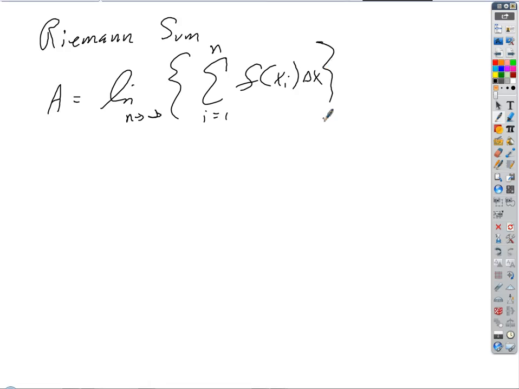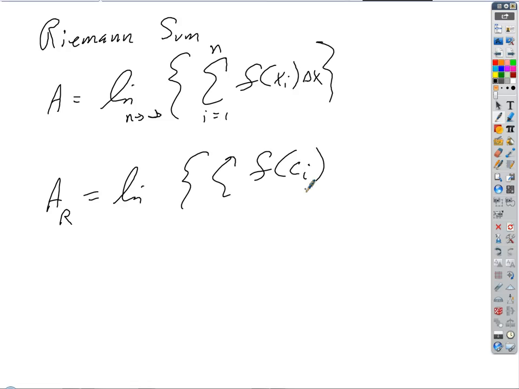We're going to write that slightly differently. We're going to write the Riemann sum as the limit of the sum of f of c sub i. C for convenient, in my mind. That's a good way to remember it. What's the most convenient place on the ith interval? x sub i, right? But in terms of a Riemann sum, we always call it c sub i because it could be any place on the interval.